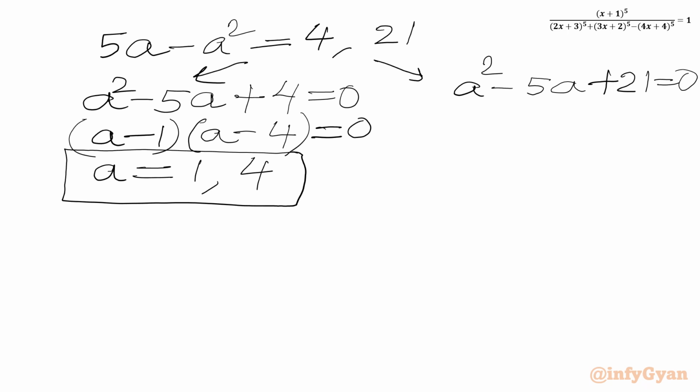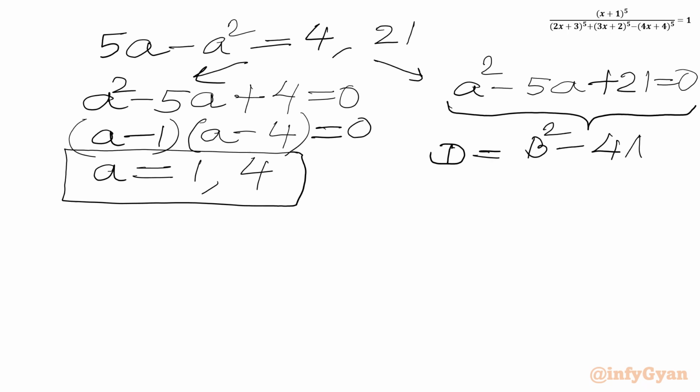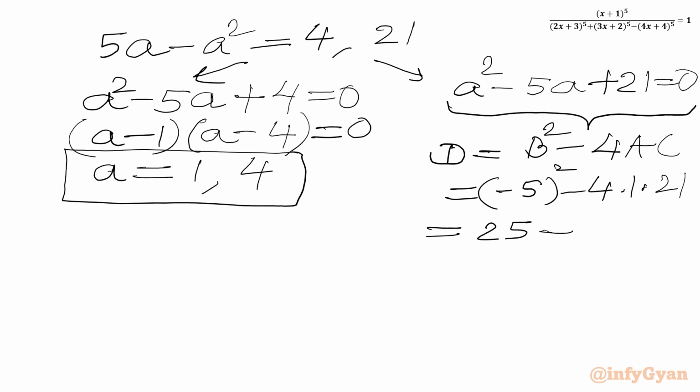And from the second quadratic equation, let us check the value of the discriminant. As per the formula, b square minus 4ac: b square will be minus 5 square, minus 4 times 1 times 21. This is the 4ac term. Minus 5 square is 25. 4 times 21 is 84.